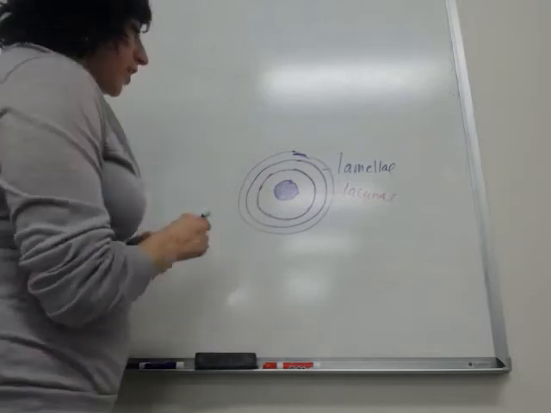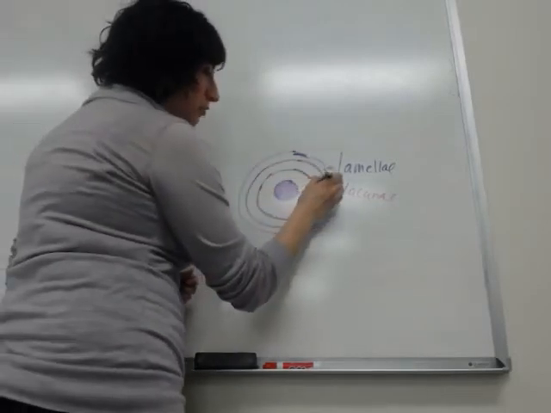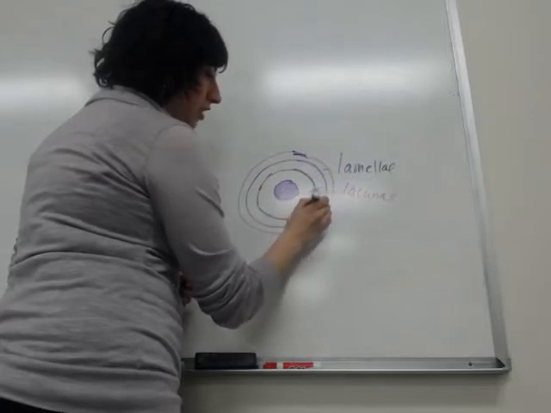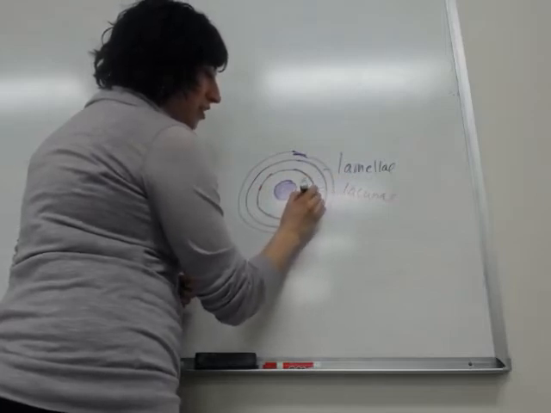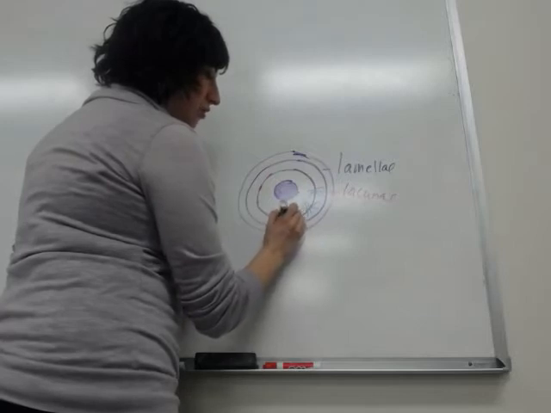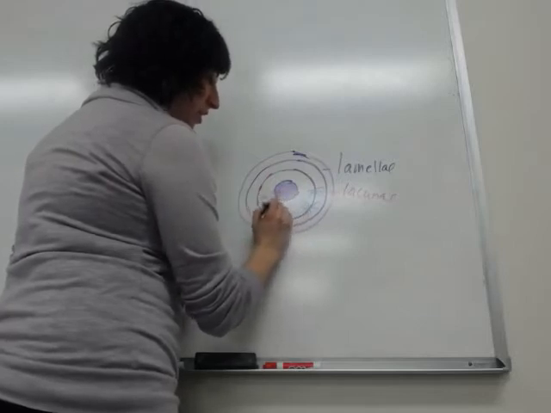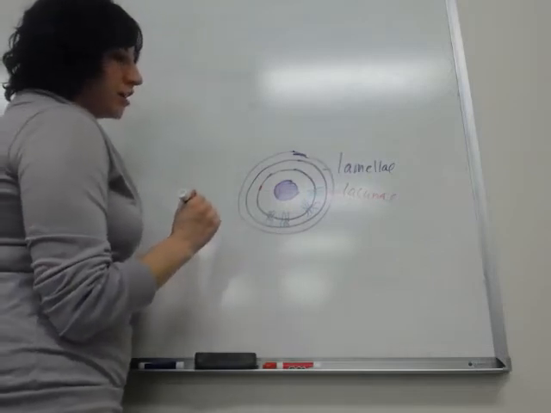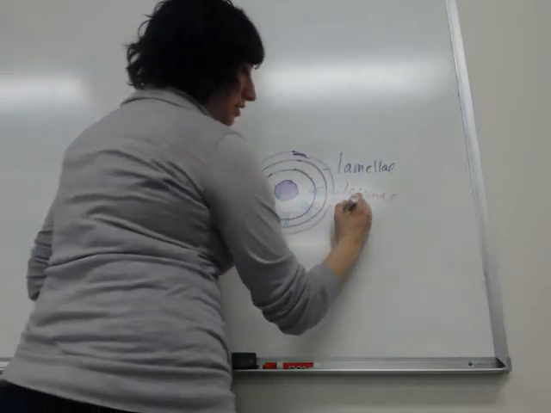These also have these nice little branches coming off of them, like little wispy hairs, and this allows the osteocytes within them to communicate to other osteocytes. And these are our canaliculae.